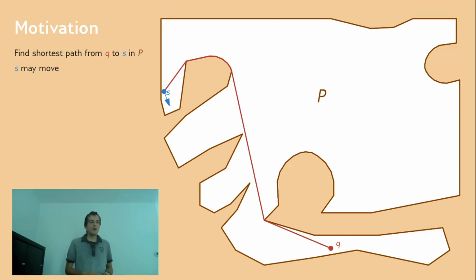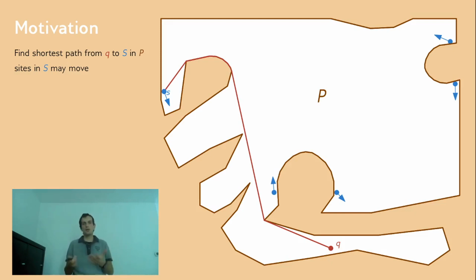And especially if it's a robot, there might actually be many of those sites or robots to which you can go. And clearly, again, you want to get to the closest one.